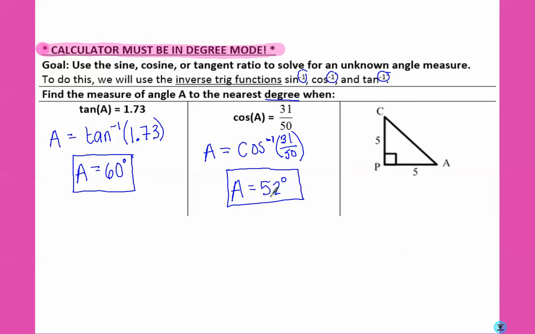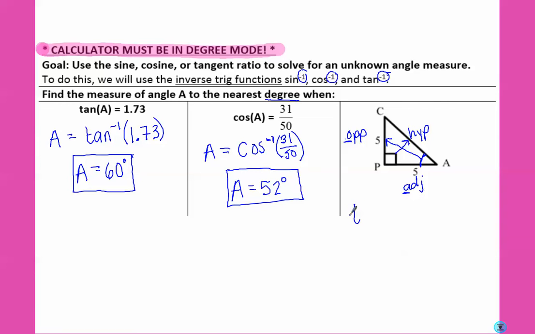Now the third one makes us do a little work before we figure it out. We want to find the measure of angle A, so right here. This side across from here is our opposite side. The one across from the right angle is the hypotenuse, and that leaves this side to be the adjacent. So the two sides that we know are the opposite and adjacent. Which one of our ratios, sine, cosine, or tangent, uses opposite and adjacent?